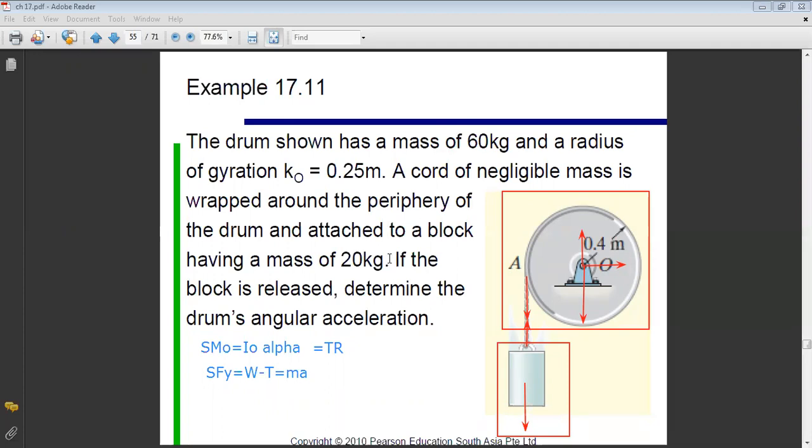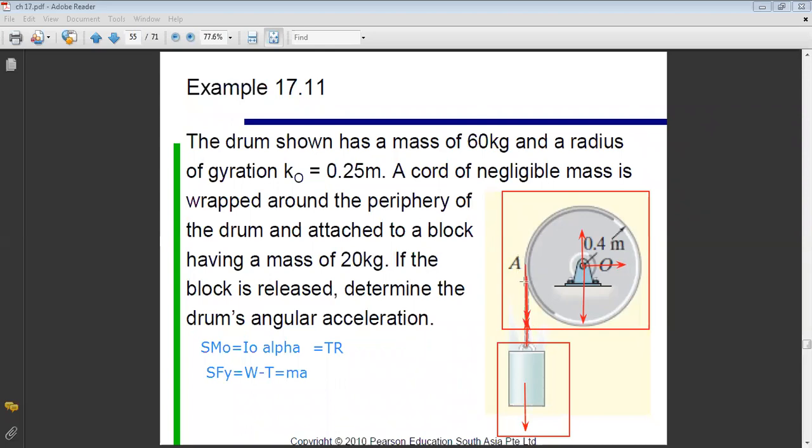We can say that A is equal to alpha r. Why is A equal to alpha r? Because look, here I have rolling without slipping. Okay, when they don't say anything, it means that I have rolling without slipping. Because I have rolling without slipping, the tangential acceleration at A can be calculated from alpha r.